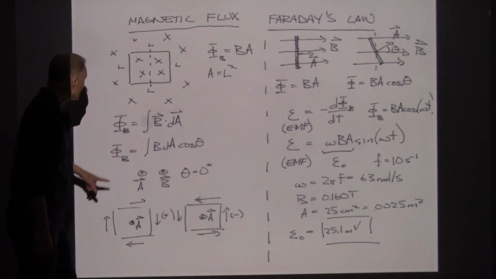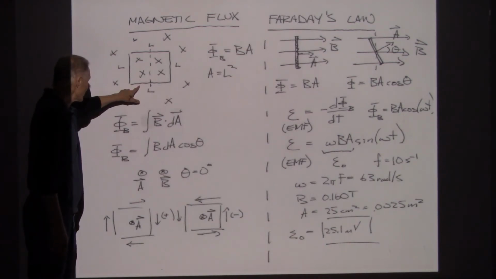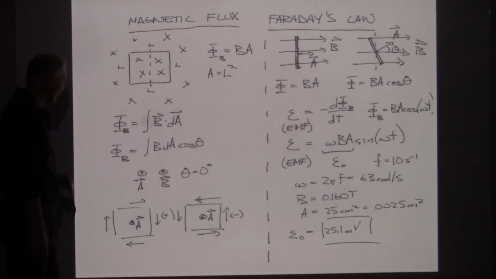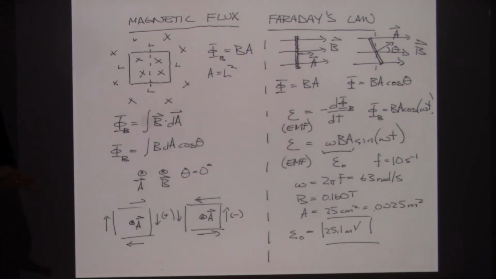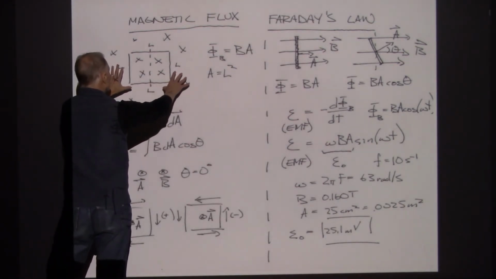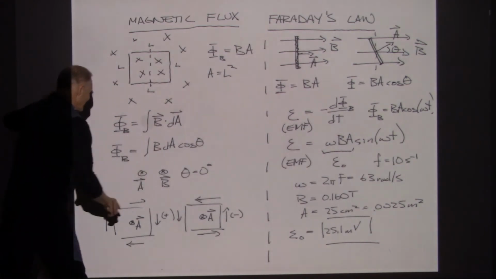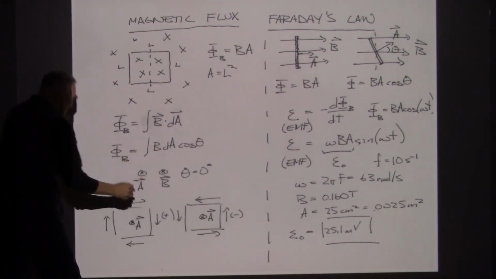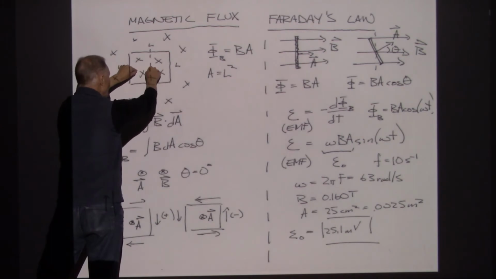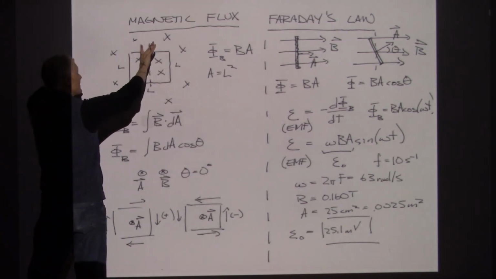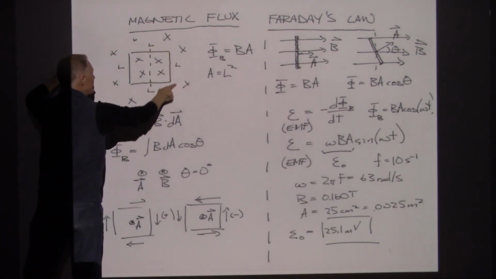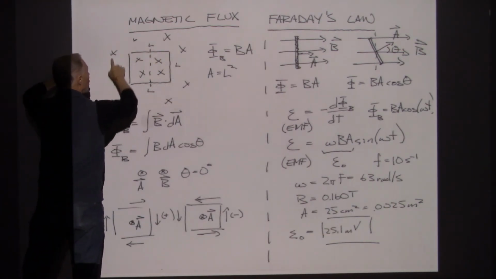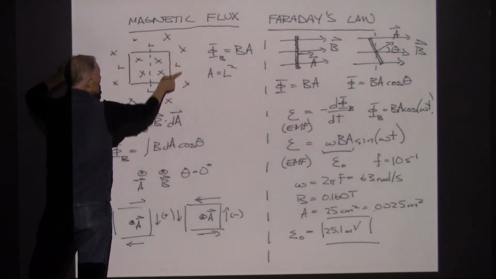Now, as far as the orientation of the area vector, we can take a quick look at that. So the way the area vector is defined, let's say that I have this square loop, and if I decide to say the area vector is into the board, what that does, using my right hand, is tell me the direction of positive current or positive voltage, or positive direction in general.